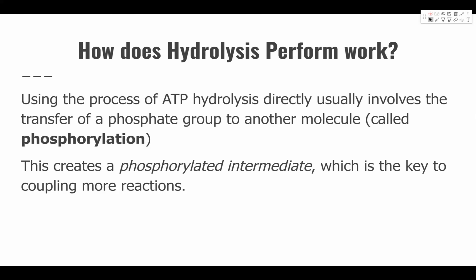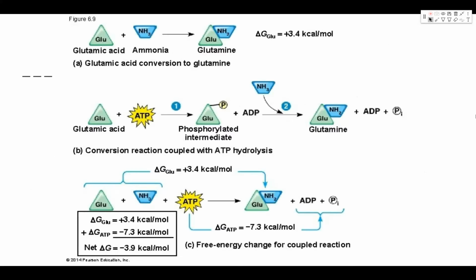All right, so I've got an example reaction I want us to write out. We are going to take glutamic acid with ammonia and make glutamine.